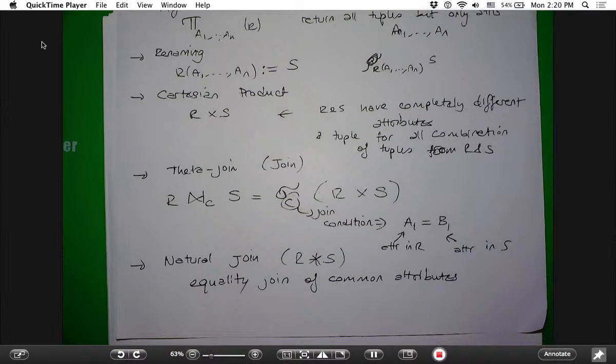Furthermore, you will not repeat the same attribute. So if there is an attribute A here and attribute A here, you will find the join of both, and then you will not repeat it.